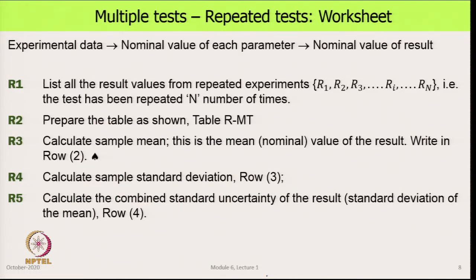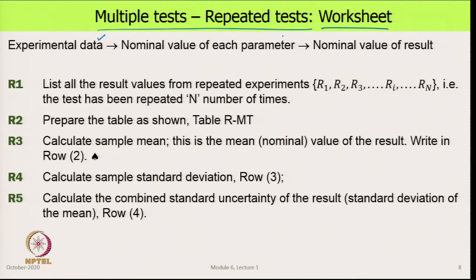So, now we will give a step by step approach as to how to do this. We will just summarize now this in a very systematic way. We have seen what is the statistical basis, logical basis. Now, let us see what is the step by step basis. So, this is the worksheet for multiple tests, repeated tests. We have done the experiments.